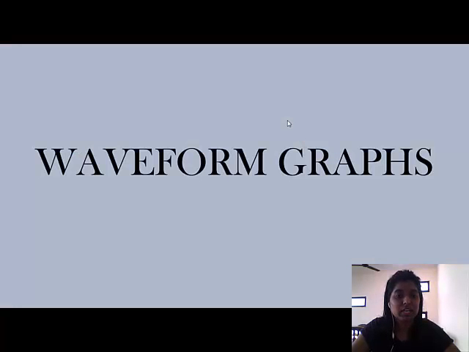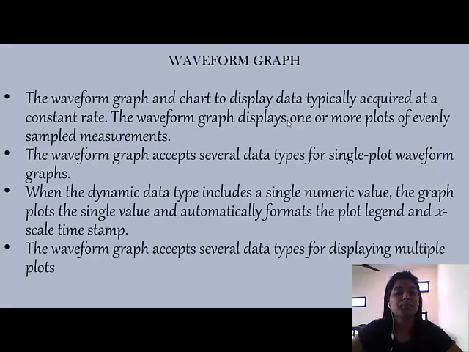Starting with the first, the waveform graphs. Waveform graph and chart display your data at a particular constant rate. Rate here means the time: with a constant time, your data is displayed. The waveform graph accepts several data types for a single plot, a function of only one variable x.